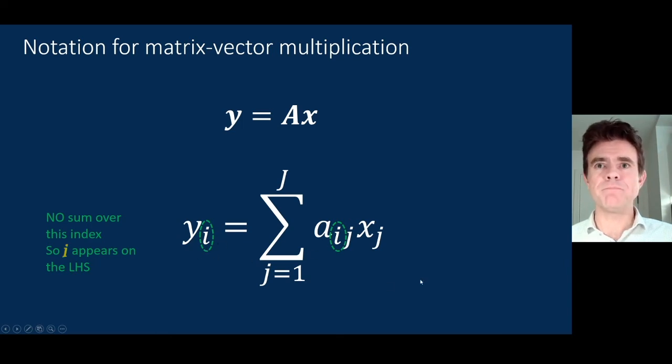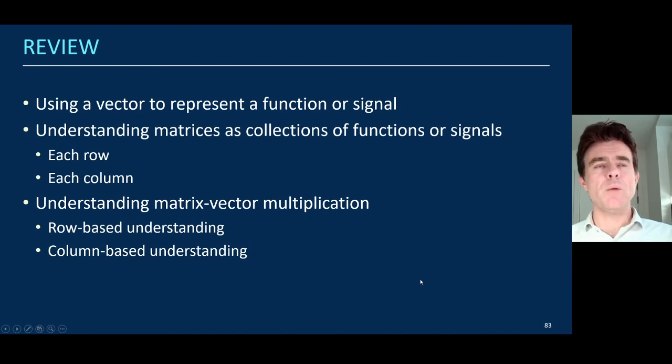So in review, we can use a vector to represent a function or a signal, and we can understand matrices as collections of functions or signals, where each row or each column could be a function, a signal, or even an image.